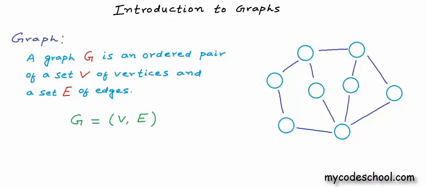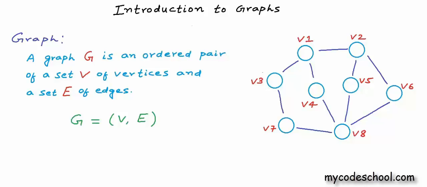Now I have a graph drawn here in the right. This graph has 8 vertices and 10 edges. What I want to do is I want to give some names to these vertices, because each node in a graph must have some identification. It can be a name or it can be an index. I'm naming these vertices as V1, V2, V3, V4, V5 and so on, and this naming is not indicative of any order.